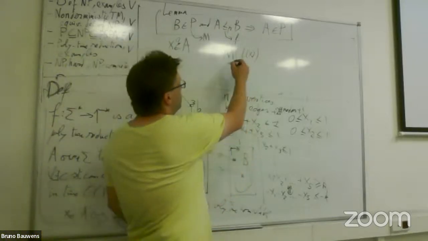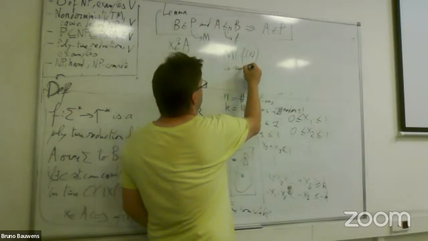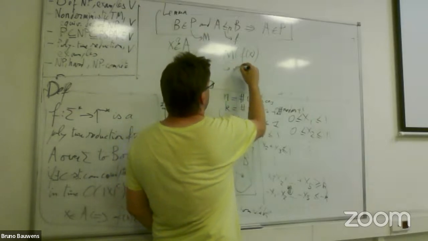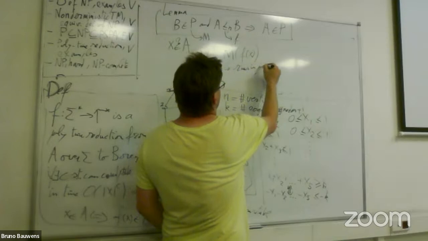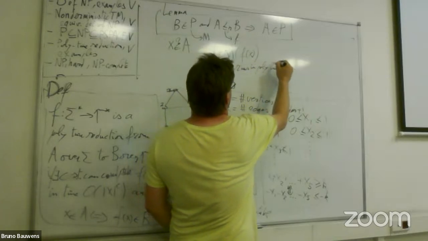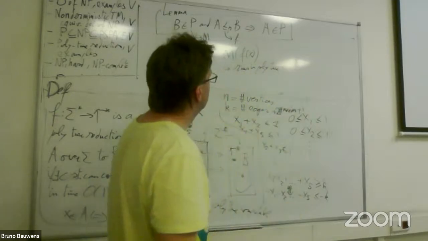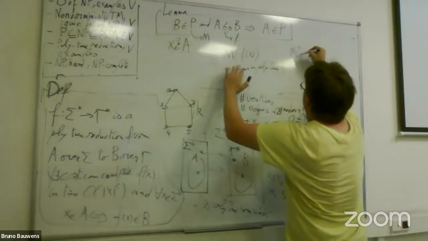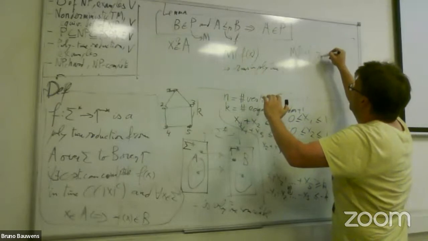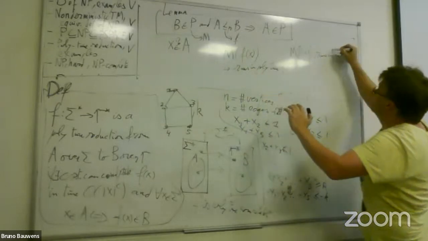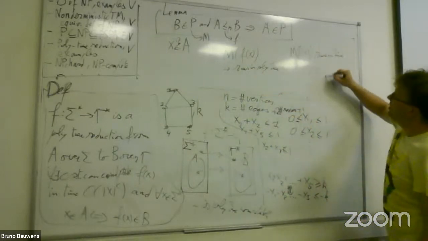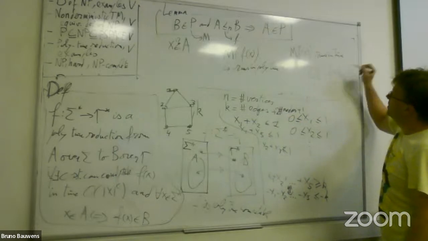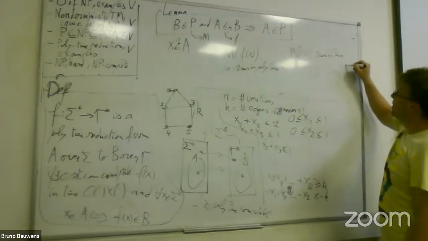Now we have to check that this machine runs in polynomial time. B is decided in polynomial time, so the machine is too, and we know that M runs in time order length of f of X to the power c1.